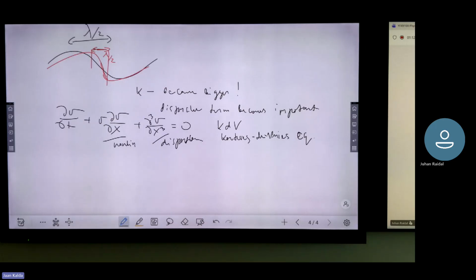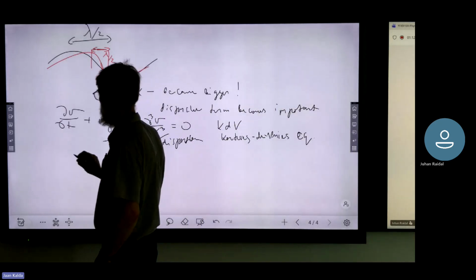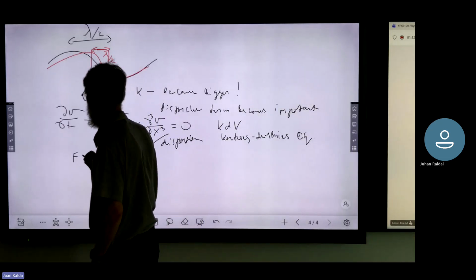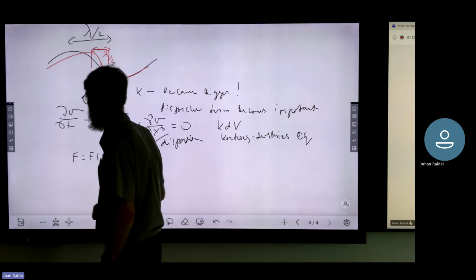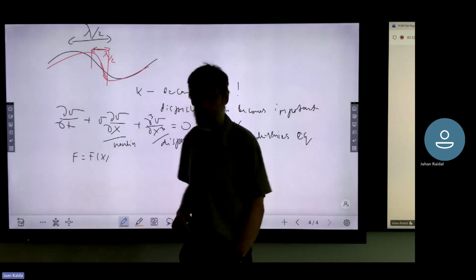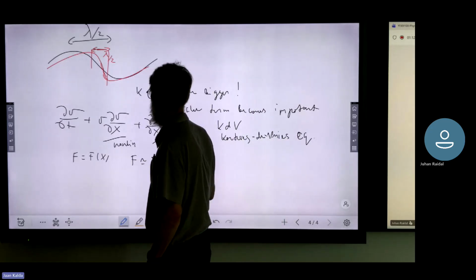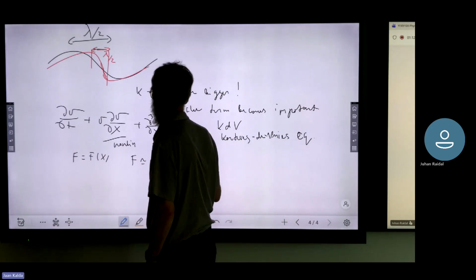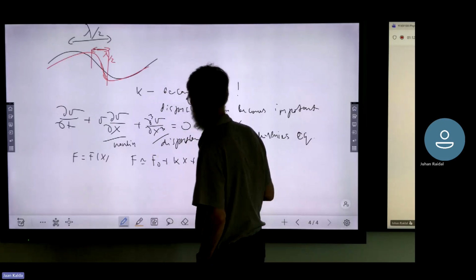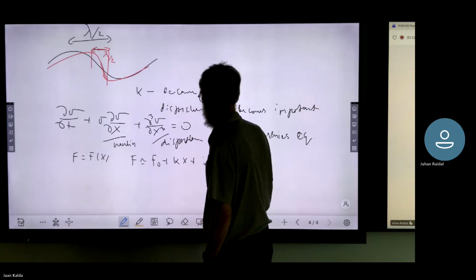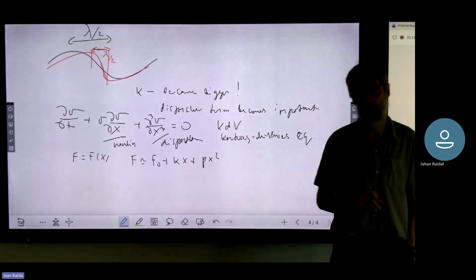Okay, the reason is if you take an arbitrary force F as a function of displacement x, right? Then you can always linearize it. F is equal to a certain F naught plus a certain kx plus a certain p x squared, right? It's a Taylor expansion, basically.